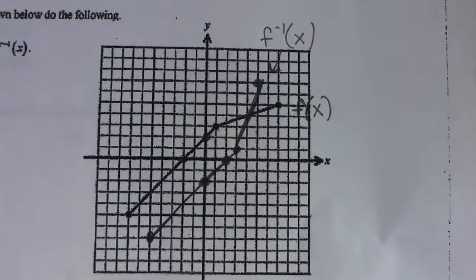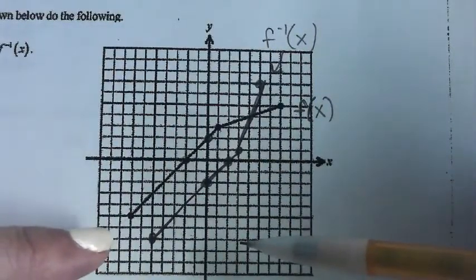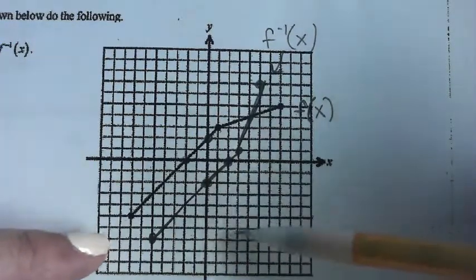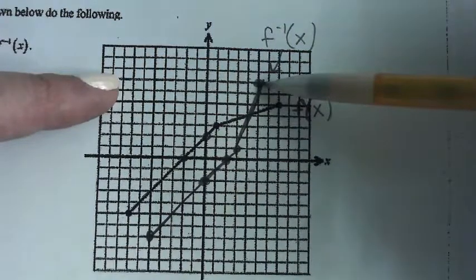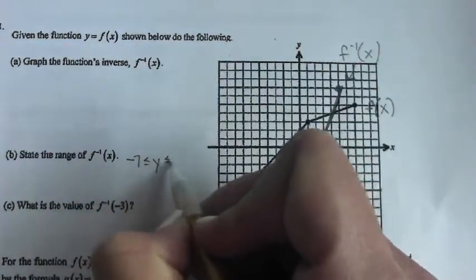Now, what is the range of f inverse of x? Range, lowest y value, is what? -7. Highest y value? 7. So the range is -7 is less than or equal to y is less than or equal to 7.